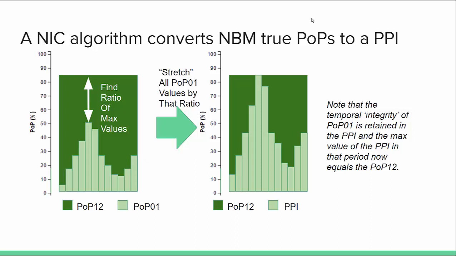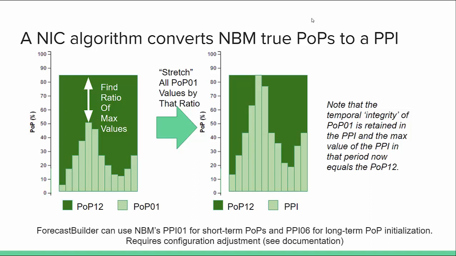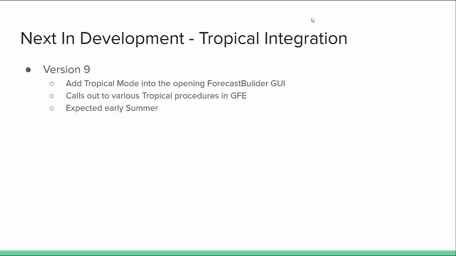What's really nice about this approach is that we maintain temporal integrity throughout the change. ForecastBuilder can use the NBM PPI-01 for short-term pops and PPI-06 for the long-term pop initialization. The configuration adjustment is now baselined with this version 8 release, and in the configuration documentation, you'll see what that setting is.